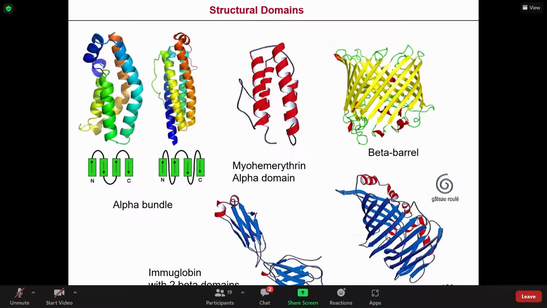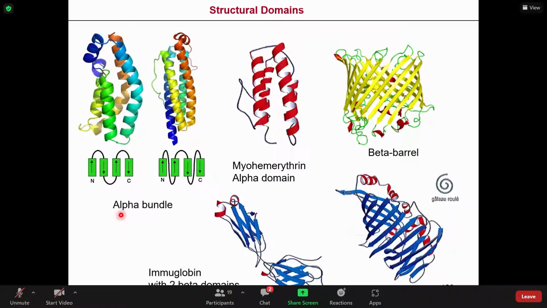Sometimes we call a domain, for example, the calcium binding domain of calmodulin because it's very specific to calmodulin, but we can find this domain in other proteins. So I'll give you some examples of structural domains.